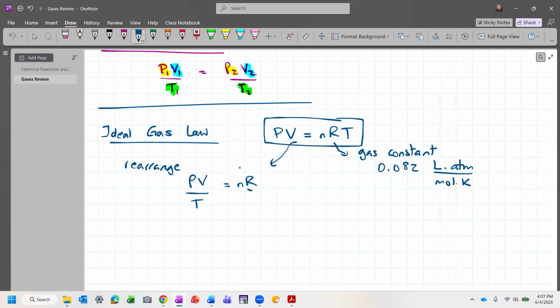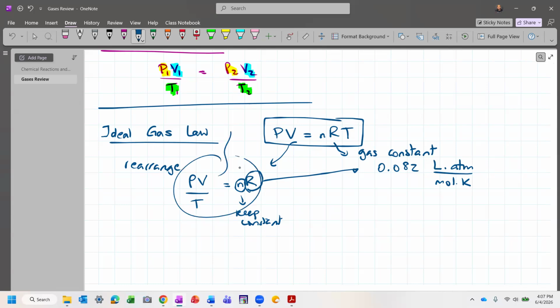If I keep R constant, which I just told you it is, and if we kept n constant as well, if I didn't change the number of moles, then I have a constant n times another constant R. That just gives me a brand new constant, a different number that doesn't change.